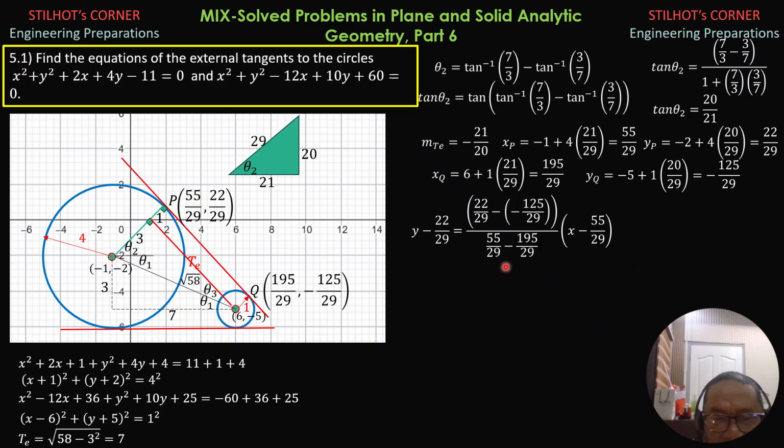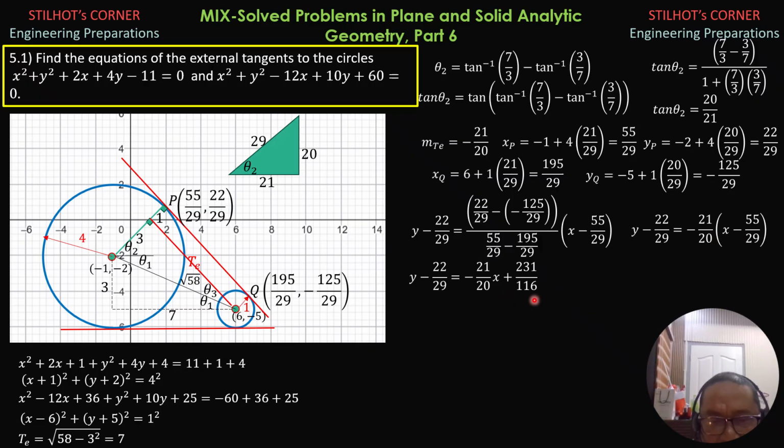Simplifying this slope, we expect that this should be equal to negative 21 over 20. Indeed, it is negative 21 over 20 times x minus 55 over 29. Simplifying further, y minus 22 over 29 equals negative 21 over 20 x plus, distributing, positive 231 over 116. Combining with this, 21 over 20 x plus y equals 11 over 4. Finally, multiplying everything by 20, 21x plus 20y equals 55.